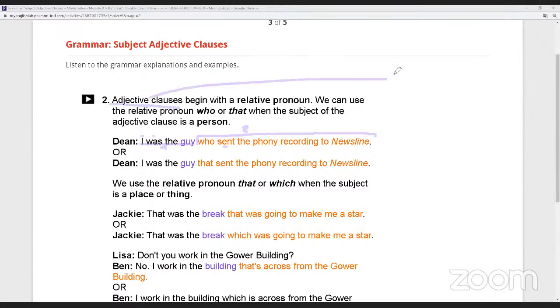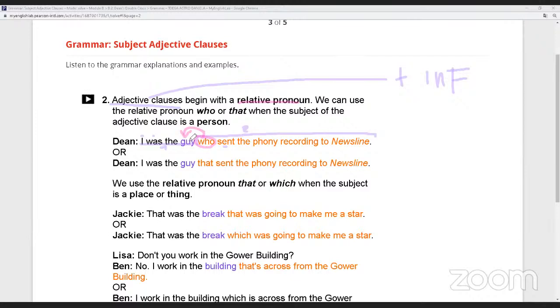In this adjective clause, we're going to find more information, right? And then in our adjective clause, we're going to start with a relative pronoun. The first one is who. We're going to use who when the subject of the adjective clause is a person. Okay, so as the guy is a person, then I'm going to use who.